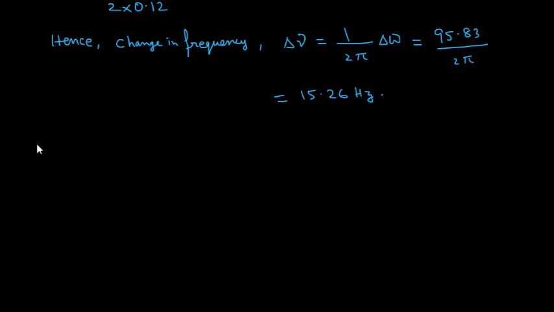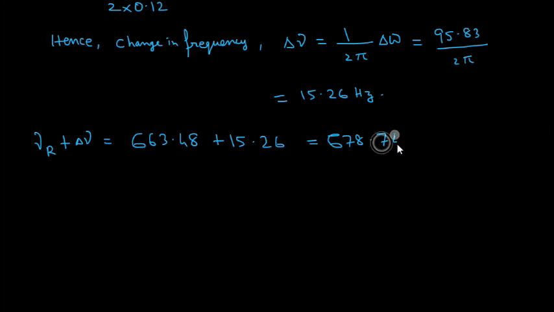So nu r plus delta nu is equal to 663.48 plus 15.26, which is equal to 678.74 Hertz.